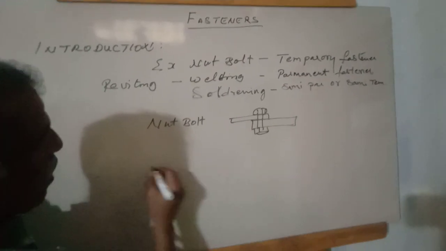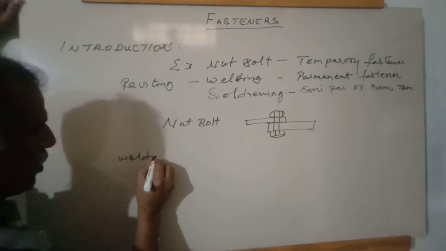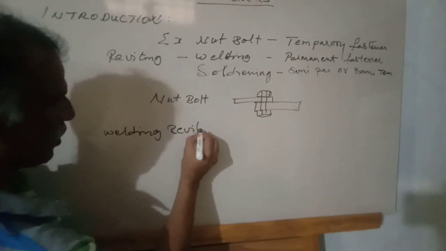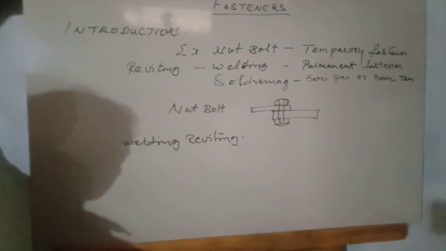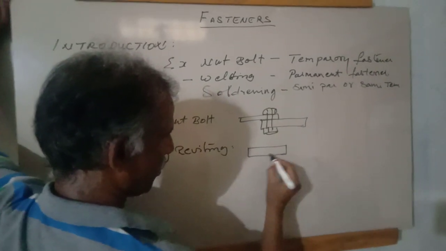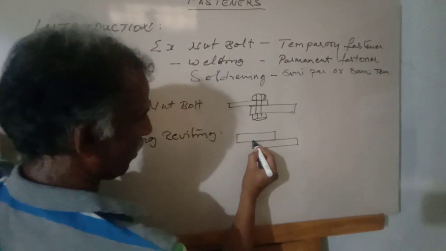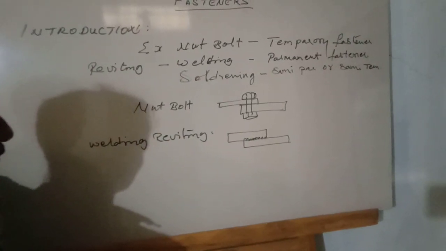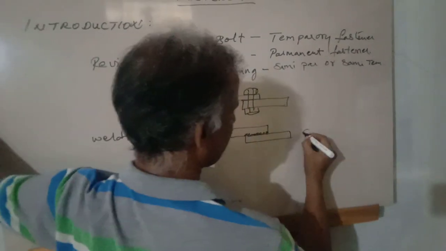Now, permanent fastener, that is welding, riveting. Example, when you join two spare parts with welding, after doing welding, this is arc welding.